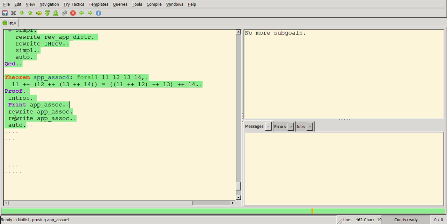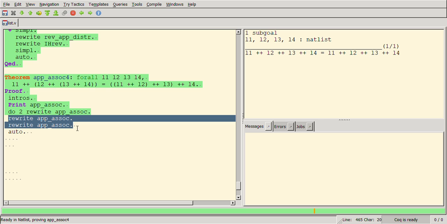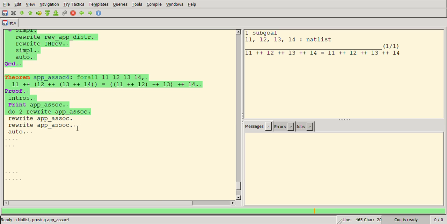We could do this in one step as well, with do 2 rewrite append associative. This tactic will perform 2 rewrites for the append using the append associative lemma, and this is equivalent to writing these 2 lemmas separately.